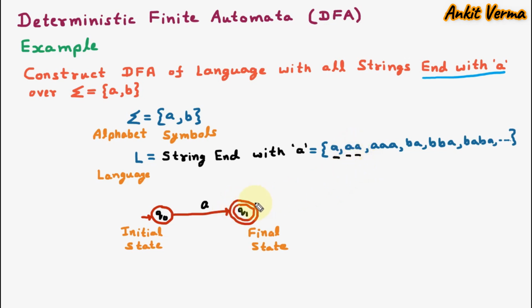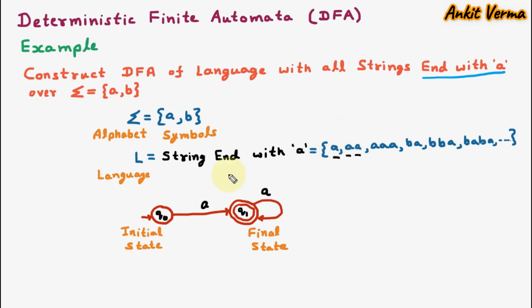So for the next A, when it comes on Q1, we apply a self loop. That means we come back to the final state. So for the first A, from the initial state to Q1, then for the second A, we come back to Q1. So again, after processing AA, we are on Q1, which is the final state. So this AA is accepted by the machine.